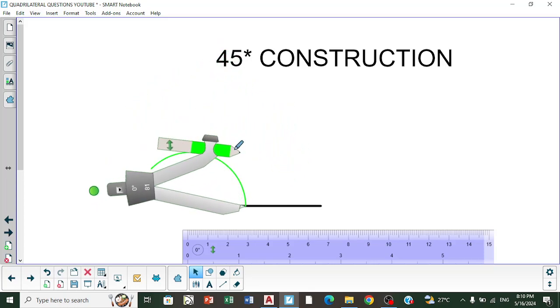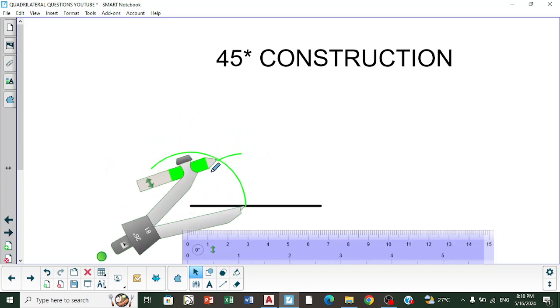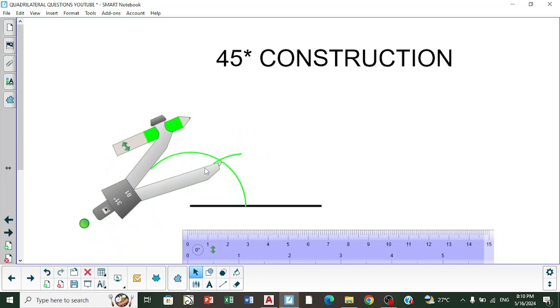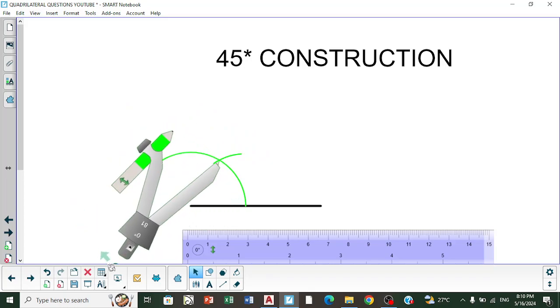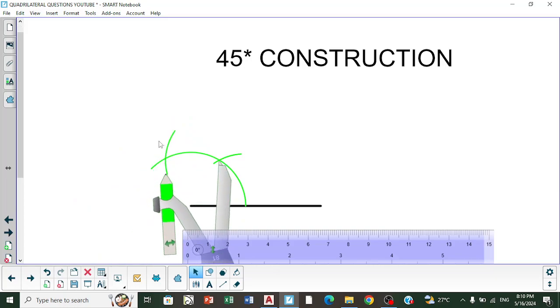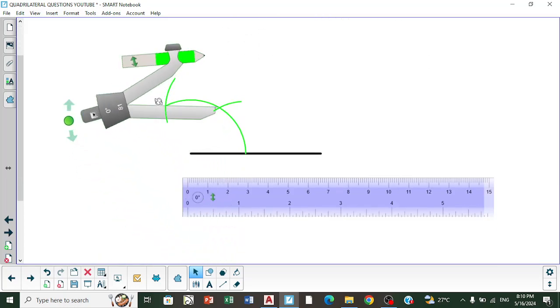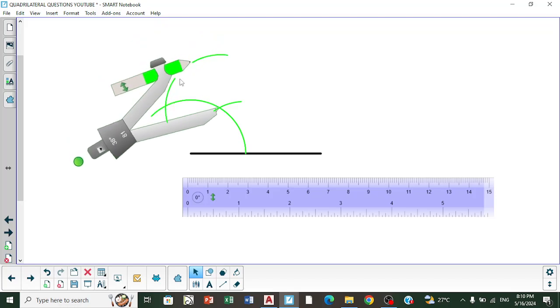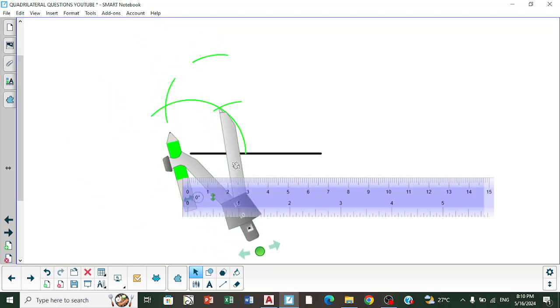So this here is going to give me 60. This is going to give me 120. And I'm going to bisect between them two.